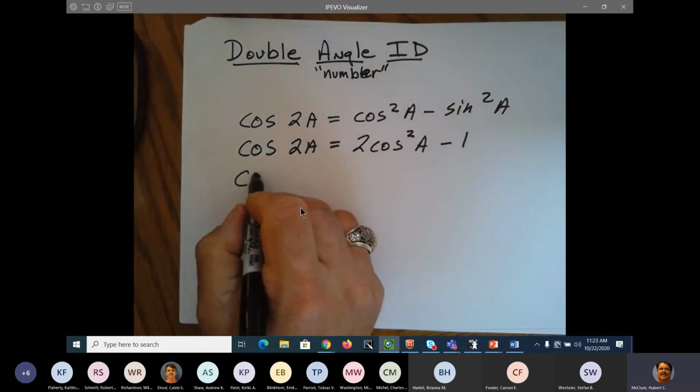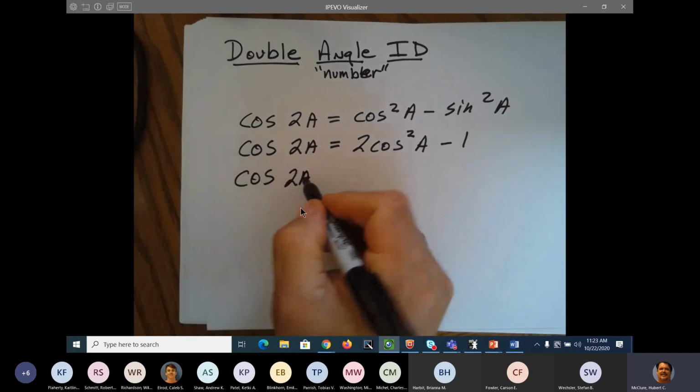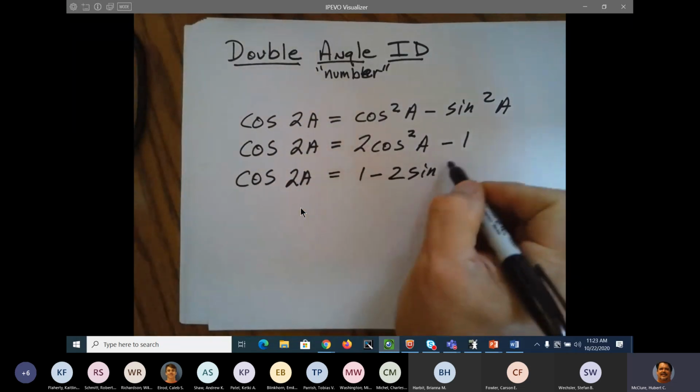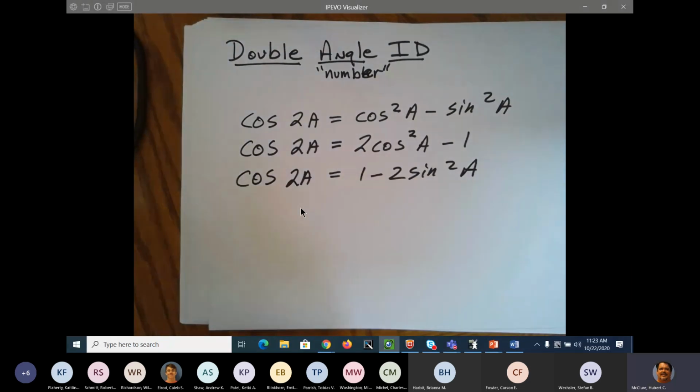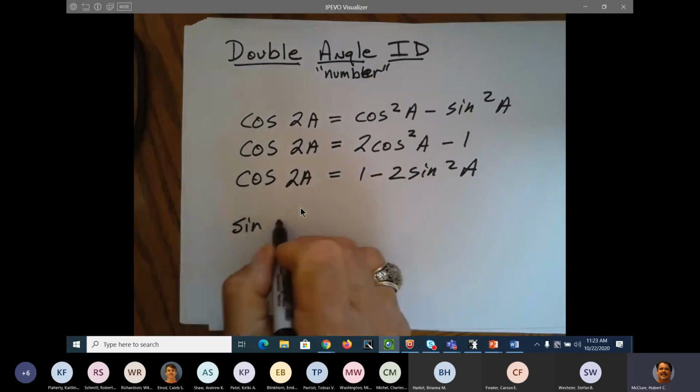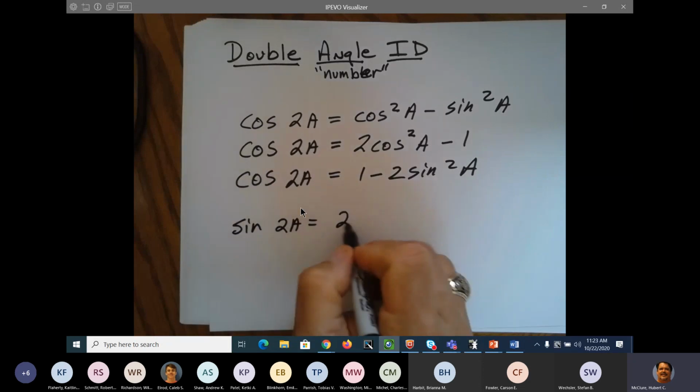And then cosine 2 alpha equals 1 minus 2 sine squared alpha. And that's for cosine. For sine, sine of 2 alpha is equal to 2 sine cosine.